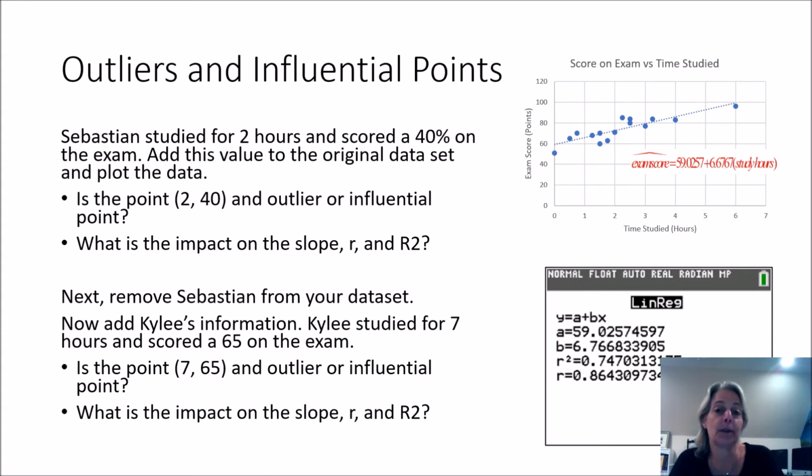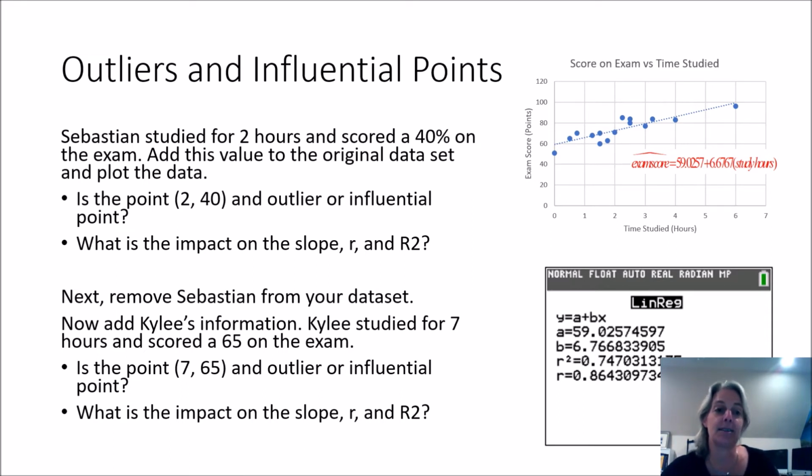An influential point typically is outside of your normal x values, outside the rest of the pack of your x values. An influential point is called that because it has a really strong influence on the regression line itself. And so if you have an influential point, if you add it or subtract it from your data set, you'll see a bigger impact to your r and r squared and your y-intercept.